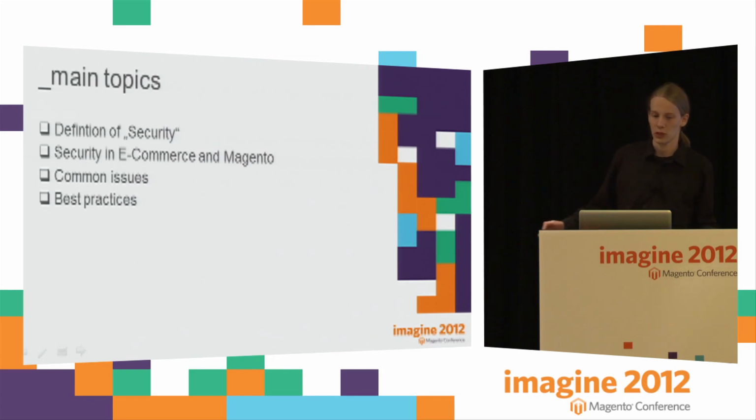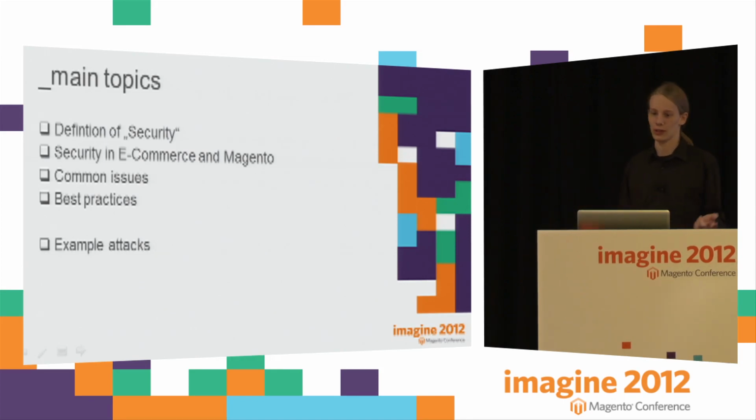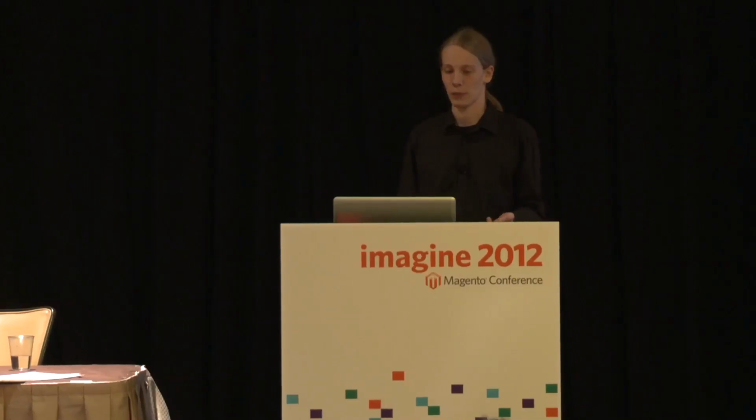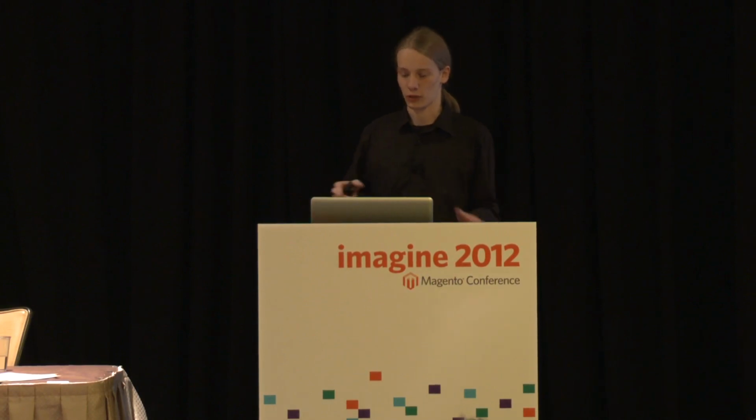And as a little special, I have 2 example attacks. With the example attacks, I don't want to show you how easy it is to hack Magento. These are hacks on Magento, but compared to other software, Magento is still one of the most secure software I ever saw.